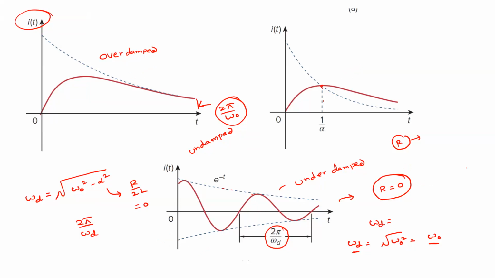All right. So here, the first thing is overdamped. The overdamped case will need the longest time. Among all these three, if your initial conditions are the same, it will need the longest time to reach the steady state value or the final value, which in this particular case is 0.